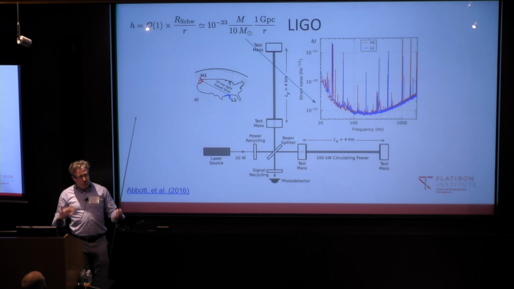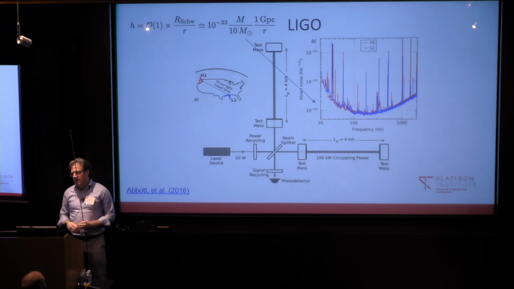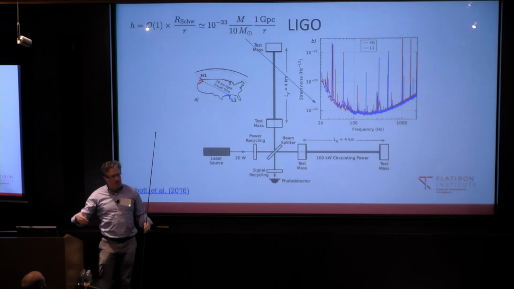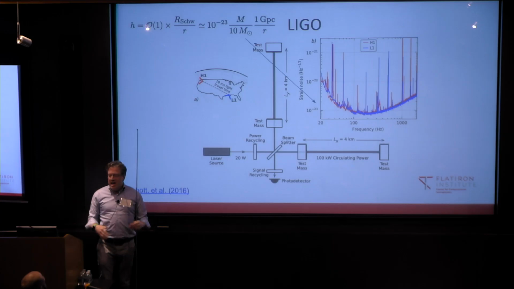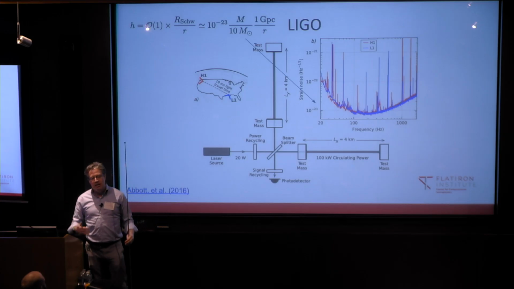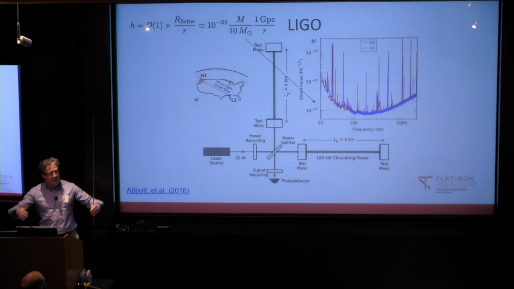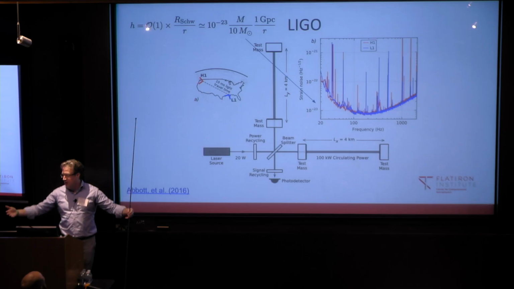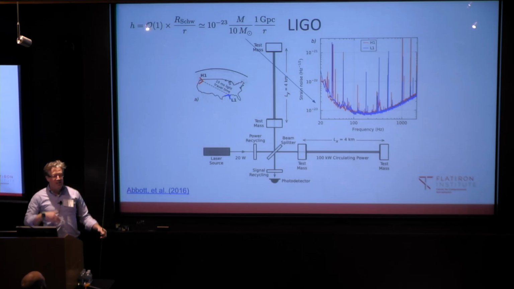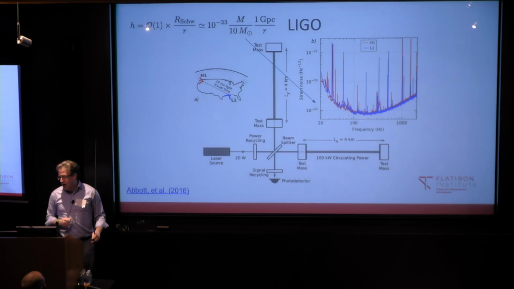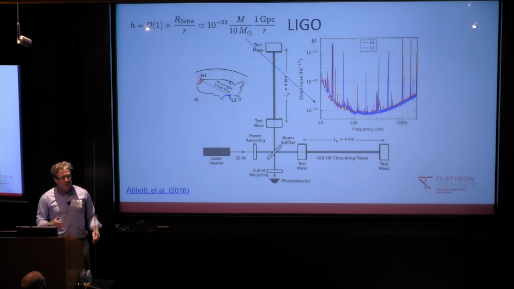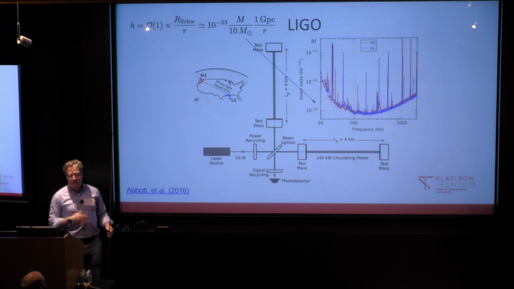So H squared, just like E squared or B squared or any other field that can propagate through space, has to fall off like 1 over R squared as a function of the distance to the source, just by energy conservation. The area it's propagating into grows like R squared. The flux has to fall off like 1 over R squared, which means H has to go like 1 over R. That's also, by the way, true of electric and magnetic fields away from their sources.